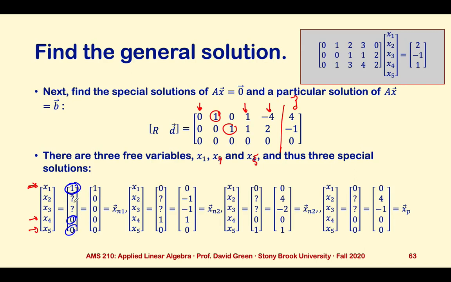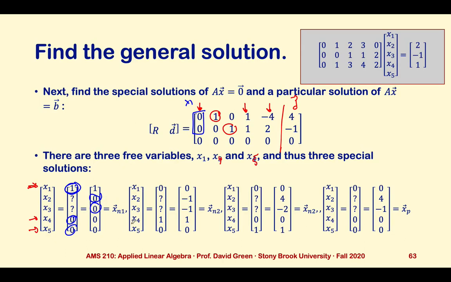To get the pivot entries, we look in the column corresponding to that first free variable, x1. That's this position here. And we have zeros in the positions that correspond both to x2 and to x3. So we get 0 and 0.